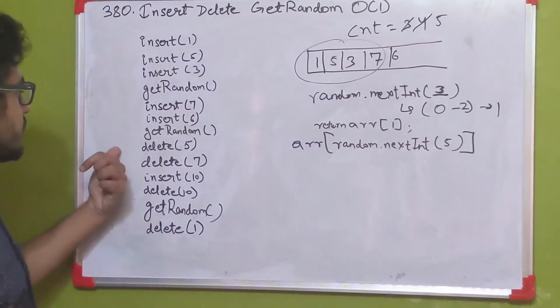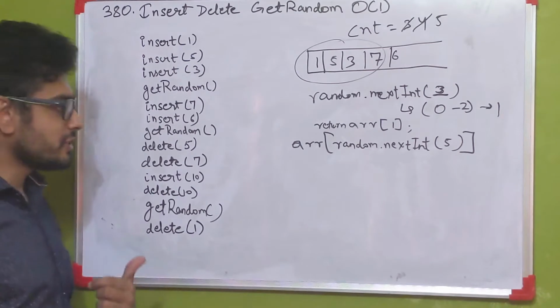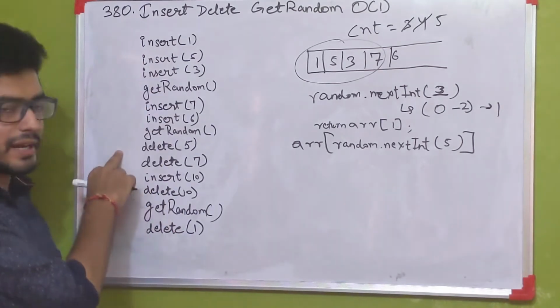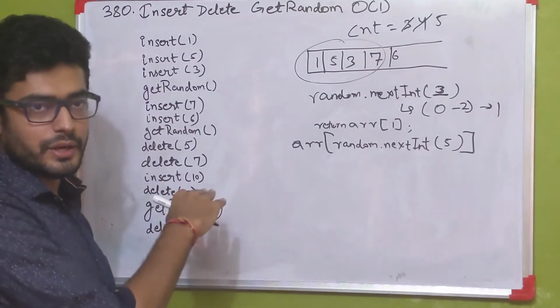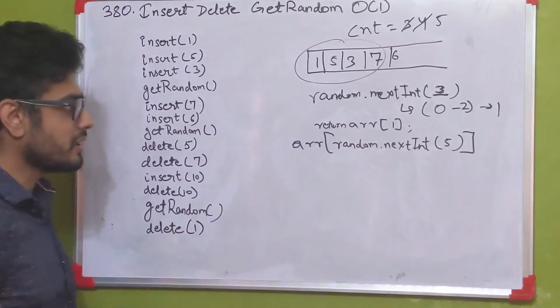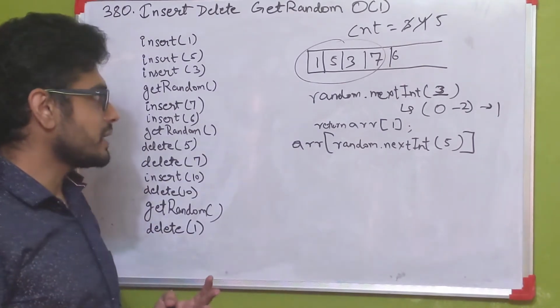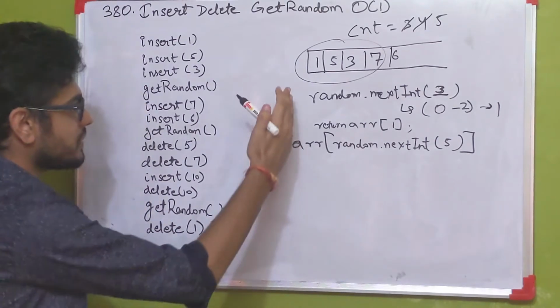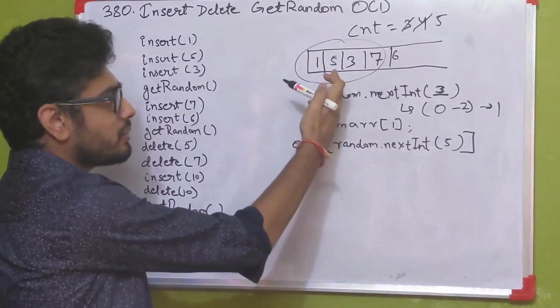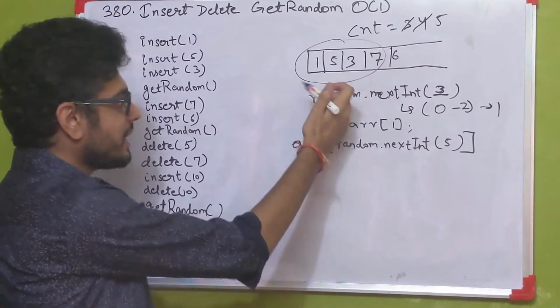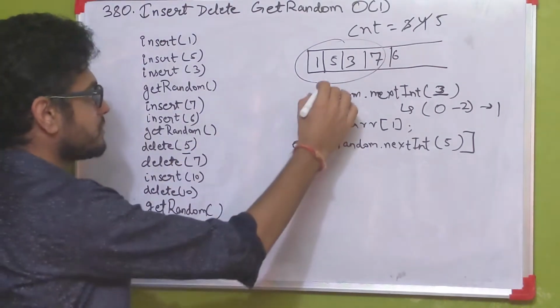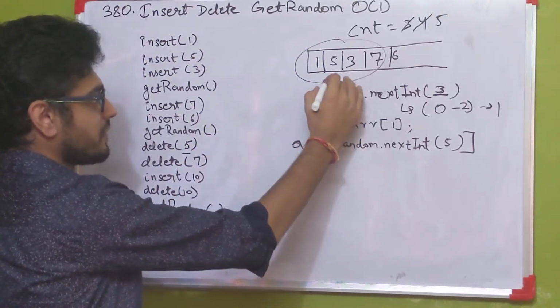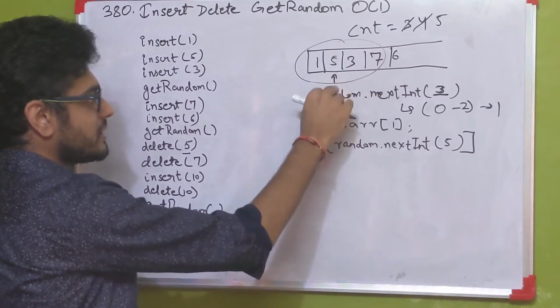So the next operation over here is delete 5. This is the first time we are encountering a delete operation. So let's see if we can do it with O(1) complexity or not. Usually when you are asked to delete a number from an array, we start from the left side and try to find the number in the array. Since here it was delete 5, we iterate across this array from the left side and we reach this point.